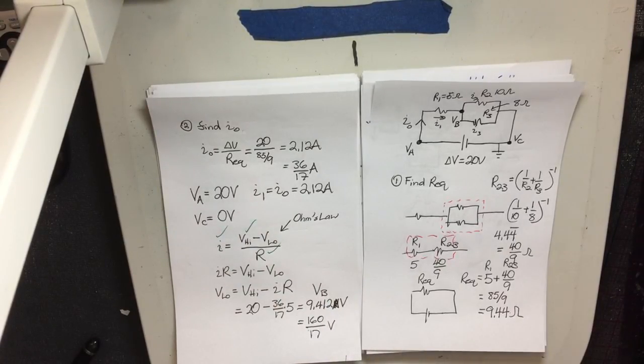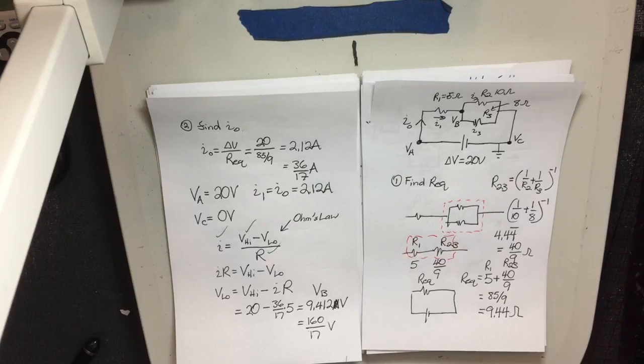We're finding everything about this circuit. I want to know every single potential drop across every single resistor. I want to know the currents flowing through every single resistor. I want to know the R equivalent. I want to know the total current. I want to know everything. So we need to have decimals and fractions at every point.